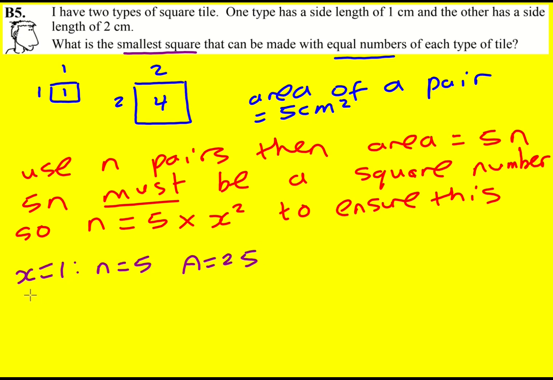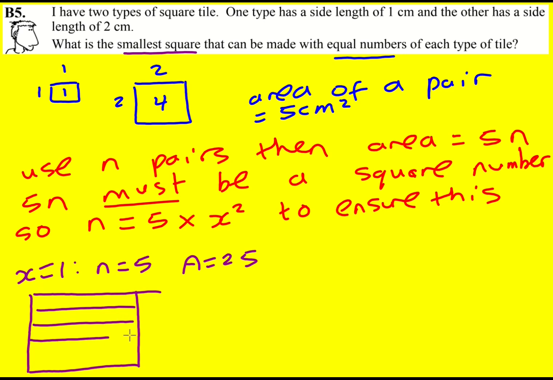So if I imagine drawing out this grid, I'm going to first of all place my 2 by 2 squares in the grid. So I could, if I'm trying to fit them in, maybe put one in the corner and then one next to it, one above the red one, and then one here.